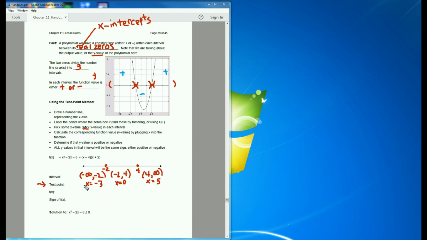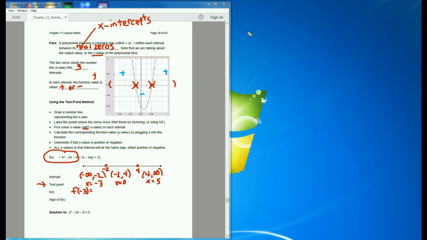Now, for each of those values of x, we want to plug them into the function and calculate y. So for x equals -3, I want to calculate f of -3. I'm going to go off to the side, I do not have room to do this right here.